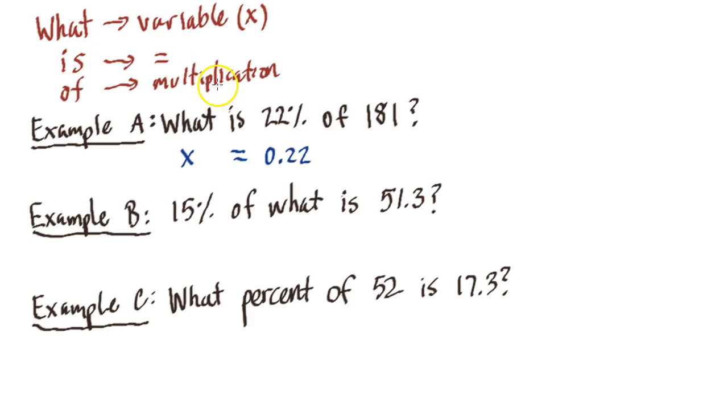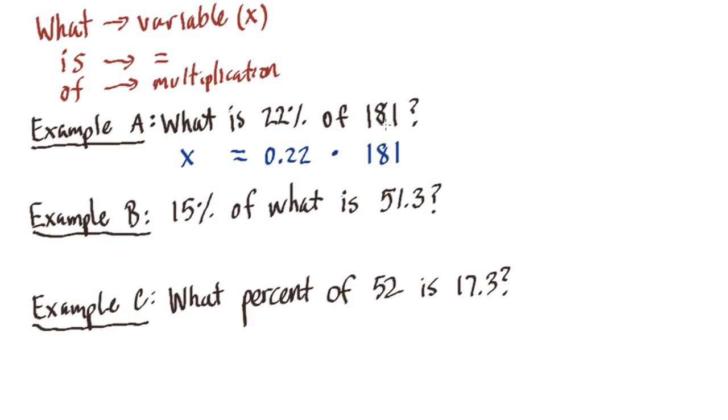"Of" represents multiplication, so we'll put a dot right there for multiplication, and then we just bring down the 181. Now all we need to do is solve this algebraic equation. So X equals 0.22 times 181.